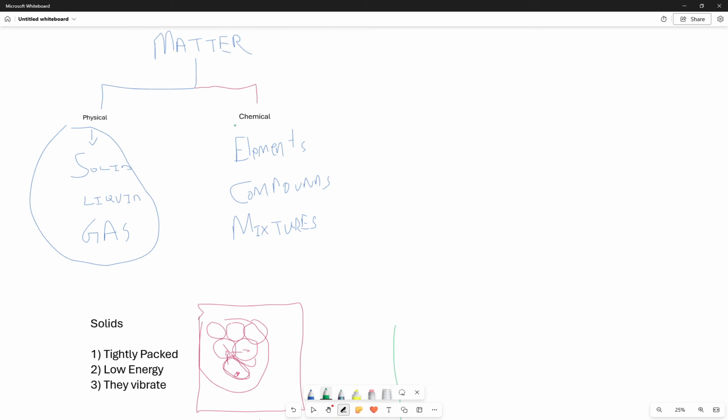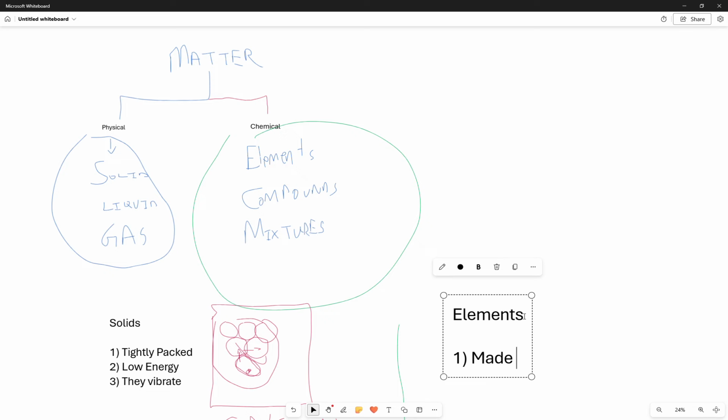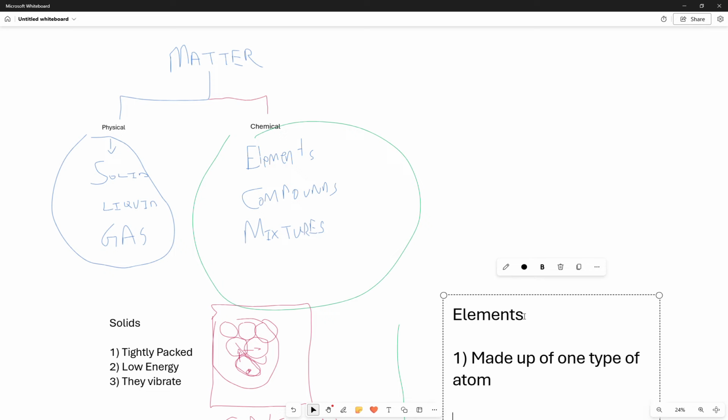Now, if I look at the chemical properties, I have elements. So, what are elements? Elements are made up of one type of atom. We'll talk about atoms in another video. They can be metals, non-metals, or metalloids.